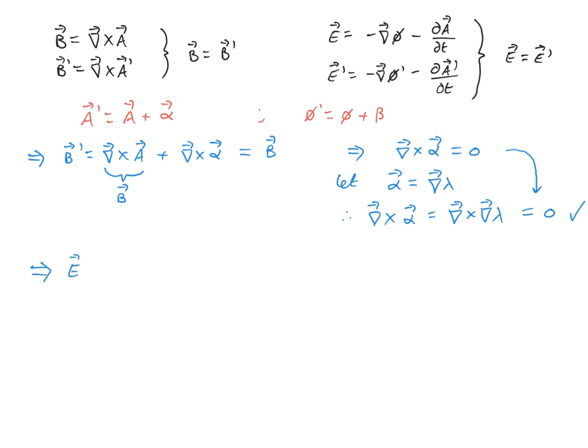I'll write that E primed is equal to minus the gradient of phi primed, but we're writing that phi primed is phi plus beta, and therefore here I can write the electric field E primed is equal to minus the gradient of phi minus the gradient of the scalar field beta minus dA by dt minus d alpha by dt, where here I've substituted in for A primed the equation A plus alpha.